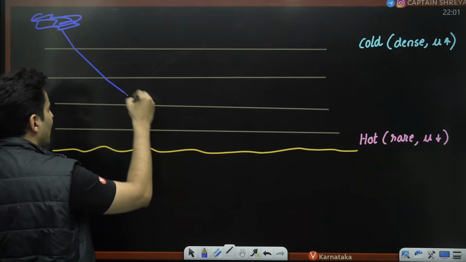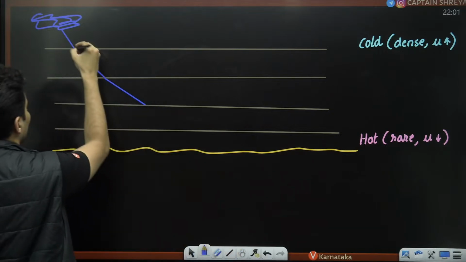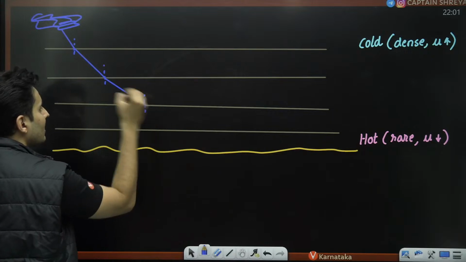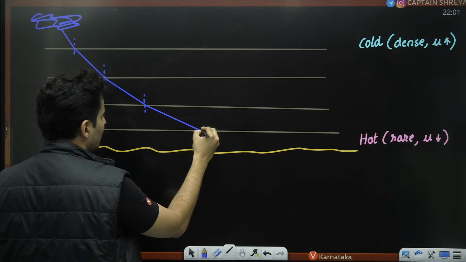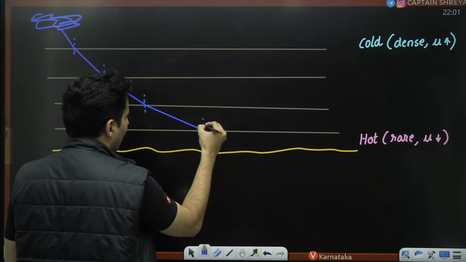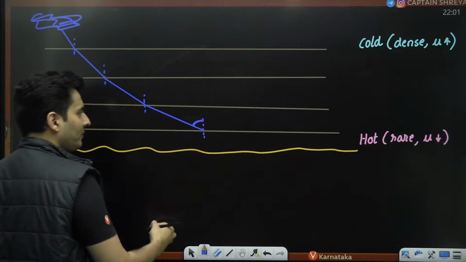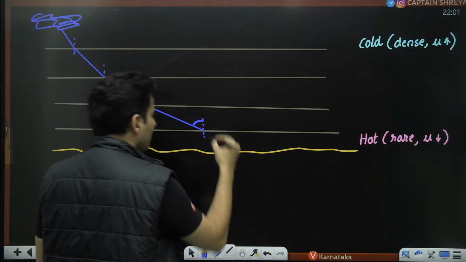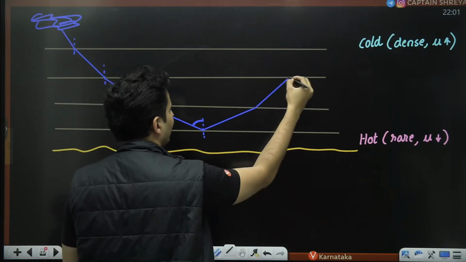Just imagine as it bends even further, at every single interface, the angle of incidence is increasing. Imagine there comes a point where the angle of incidence crosses the critical angle. If it crosses the critical angle, it can no longer refract, it will only reflect. And it will reflect and go like this.